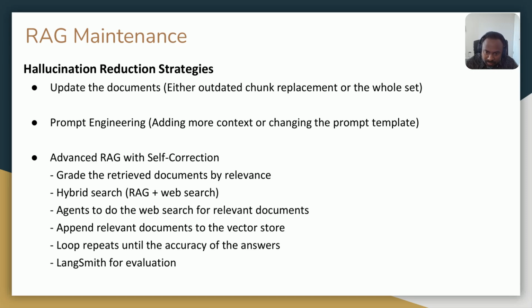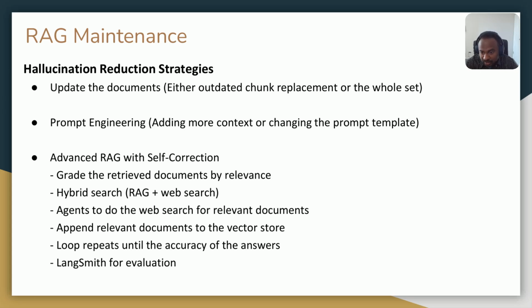It can be rectified by updating the documents which have been loaded in the vector database, or by improving the prompt engineering, either by adding more context, changing the prompt pattern or the prompt techniques, or providing more input to the prompt.